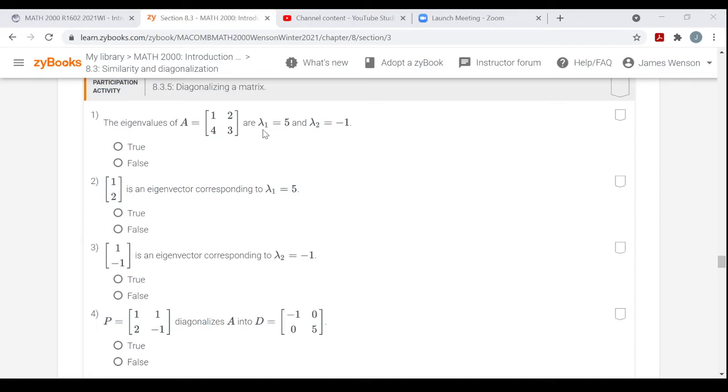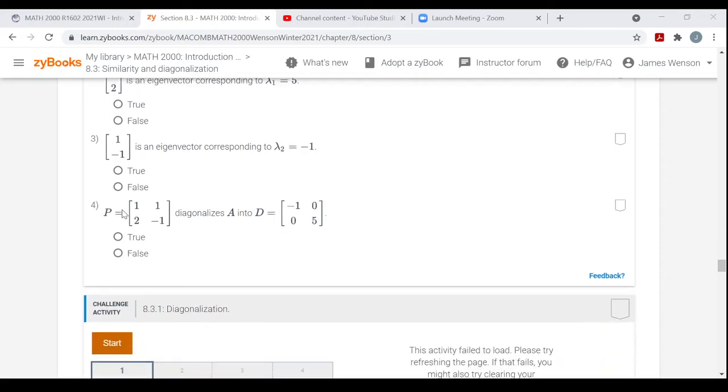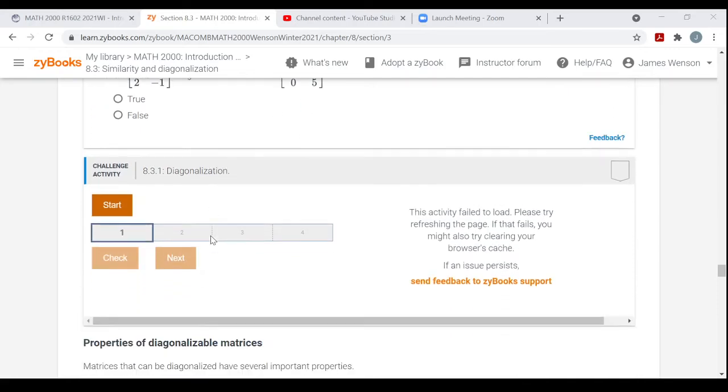First find the eigenvalues. Are they 5 and negative 1, true or false? Is this vector an eigenvector corresponding to lambda equals 5? Is this vector an eigenvector corresponding to lambda equals 2? And if these are, would this matrix P diagonalize A into this diagonal matrix? So I'll leave that to you.